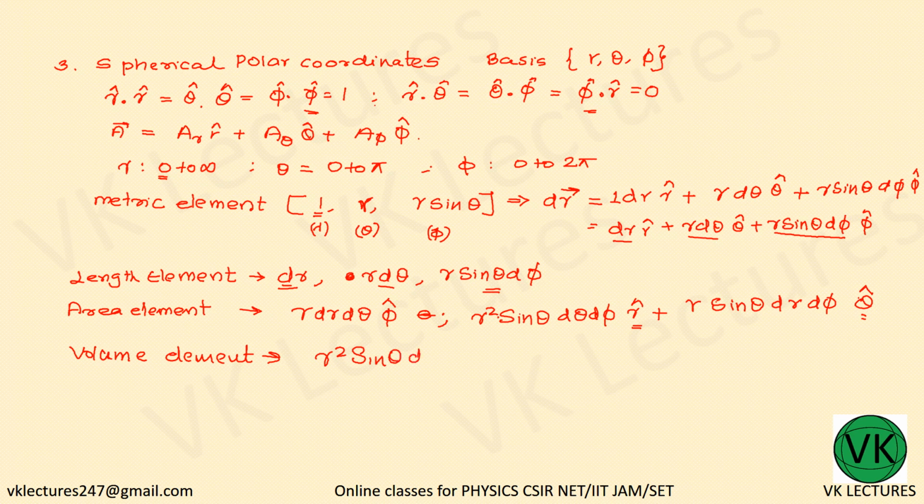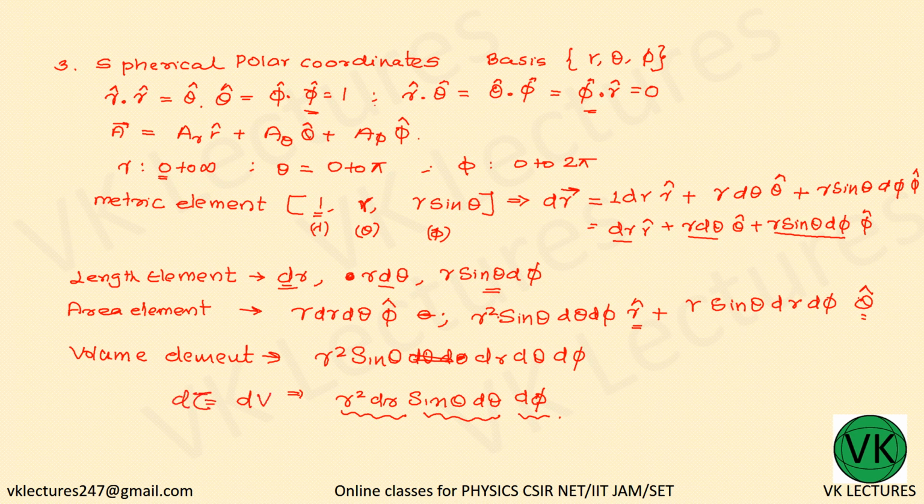Okay, it's dr d theta d phi, or you can write it as r square dr sin theta d theta d phi. This is because when you integrate, this is the first term, this is the second, and this is third. This is the volume element dv or d tau.